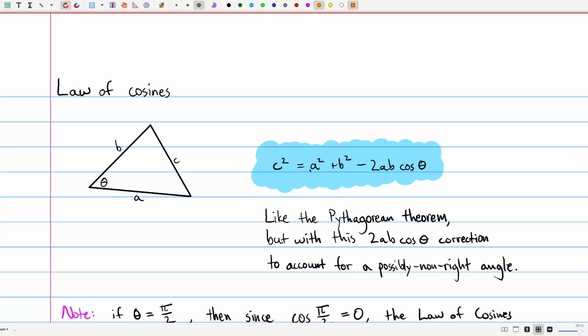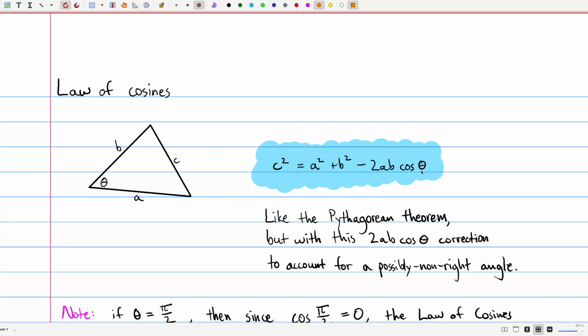And the equation is similar to the Pythagorean theorem, so it's that the side opposite the angle squared is a squared plus b squared, the other two side lengths, but then we subtract 2ab cosine theta.